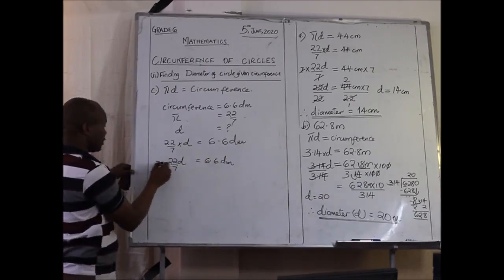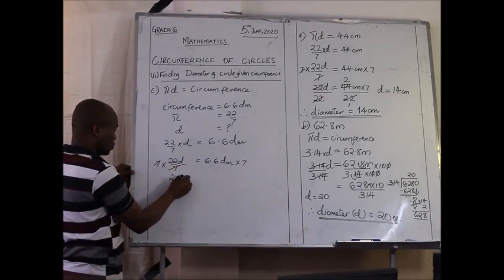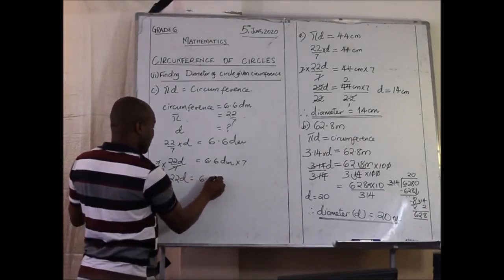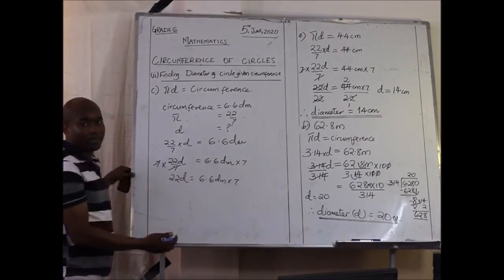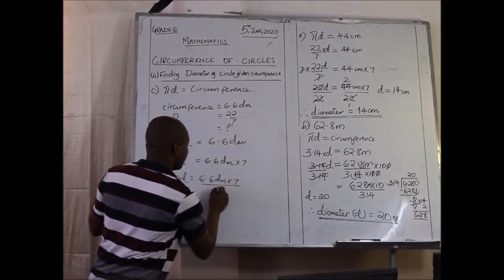In this case we're going to multiply both sides by 7. So 22d equals 6.6 decimeter multiplied by 7. In this case no need of multiplying. Divide both sides by the coefficient.